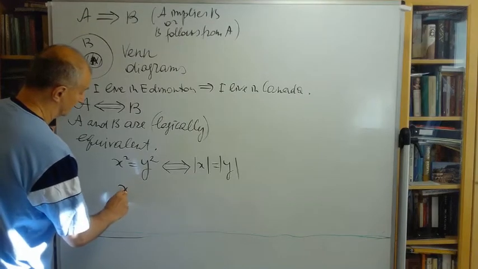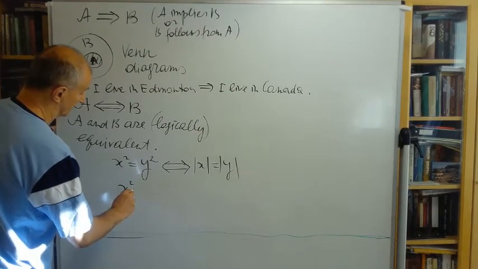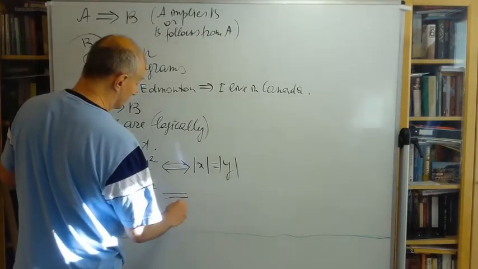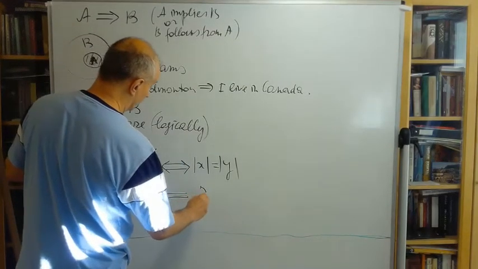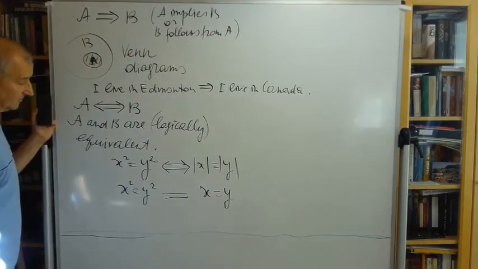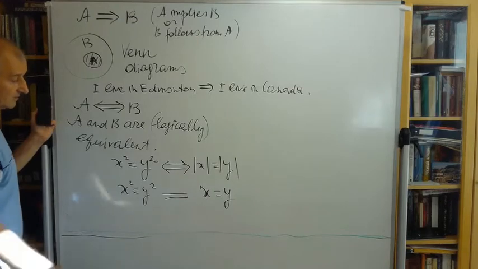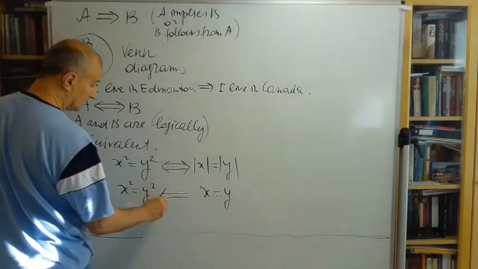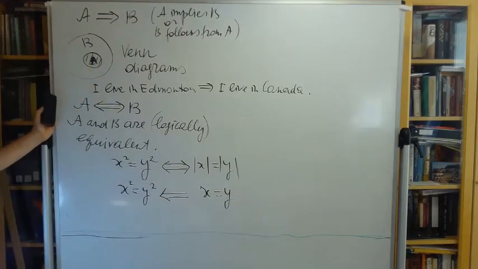And x squared equals y squared is not equivalent to x is equal to y. Right? X equal to y is more restrictive. If x is equal to y, then their squares are equal. However, negative 3 squared and 3 squared lead to the same number, and at the same time negative 3 is not equal to 3.